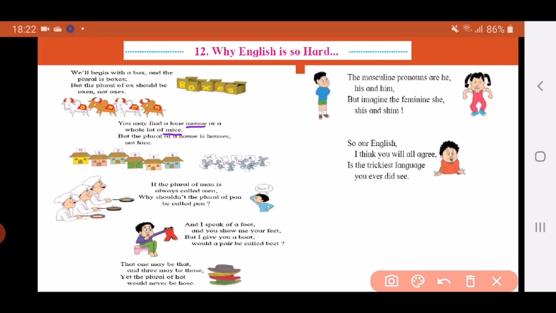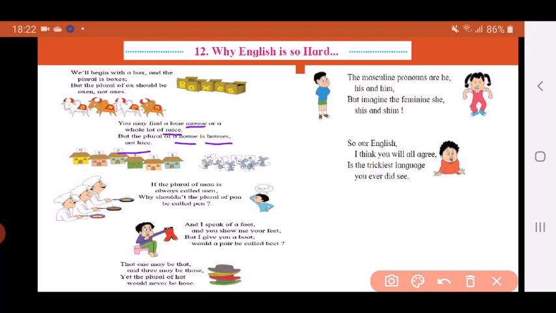Many together means plural of mouse becomes mice, M-I-C-E. Now, what should be the plural of house? But the plural of a house is houses, not highs. So if you see, the spelling of mouse and house is almost the same. Only mouse starts with M and house starts with H.